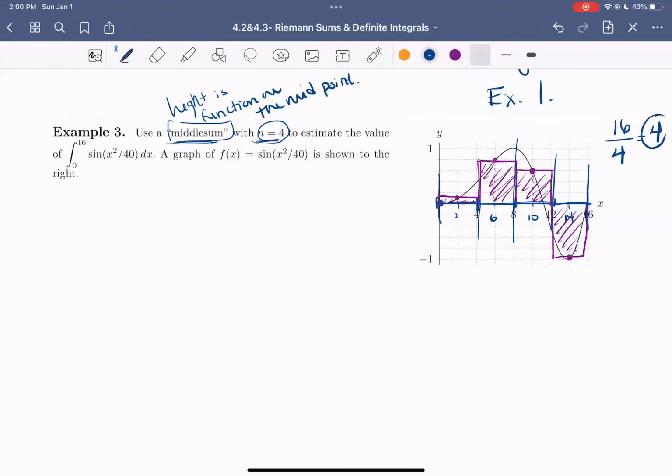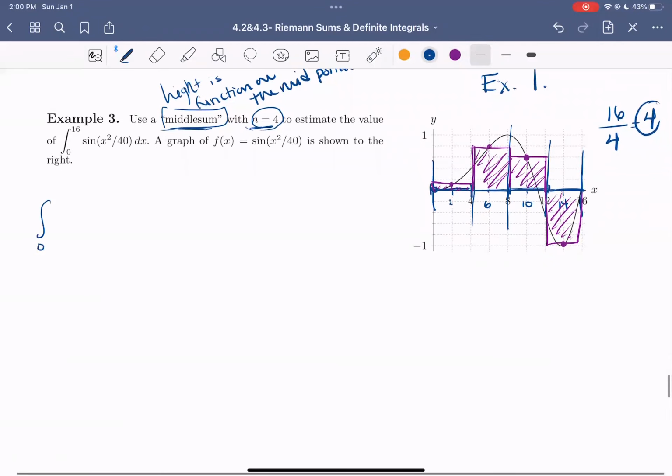Now let's write this out. We are estimating the integral from 0 to 16 of sine of x squared over 40 dx. That estimate is going to be obtained by computing the sum of the areas of these rectangles. To compute those areas, we multiply the height by the width.